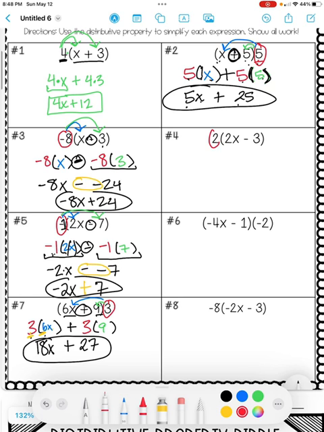We've got the 2 on the outside of the parentheses being distributed to both 2x and to 3. So I'll have 2 times 2x. I'll also have 2 times 3.